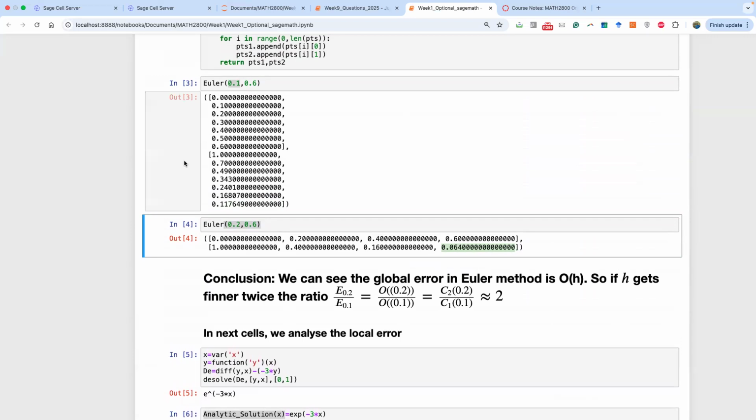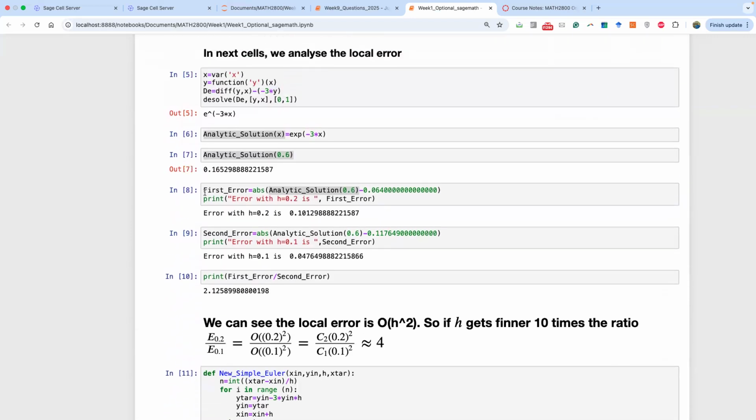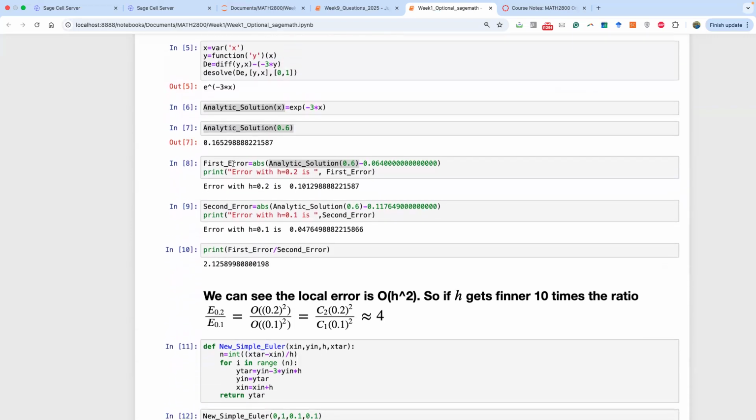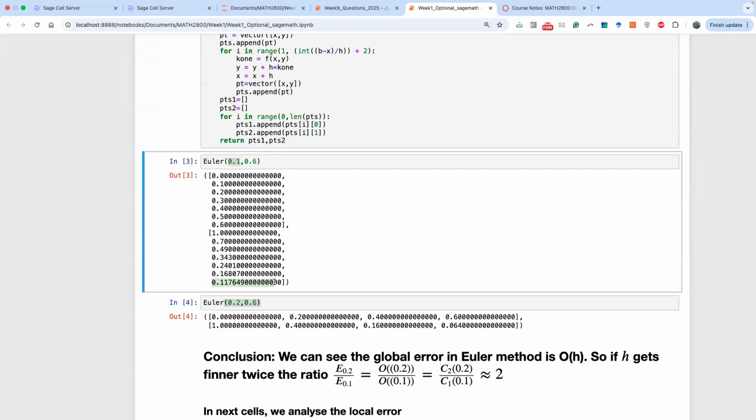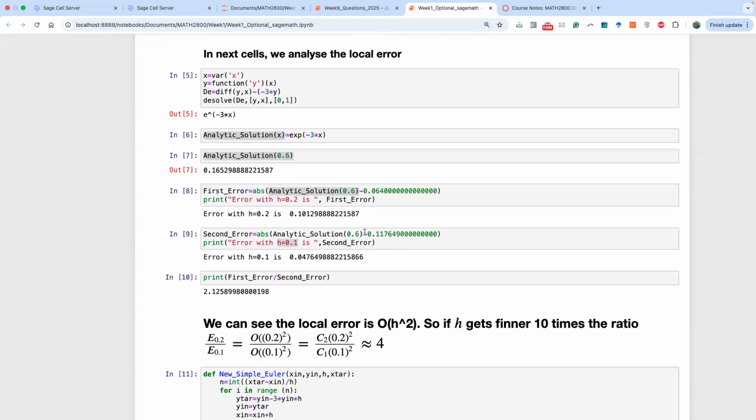Sorry about that. I thought it was 1/10 because it's written first there. So the error with step size of 2/10 is this guy. The error now using my favorite one, 0.1, using this number here, copy, paste here, is this one.